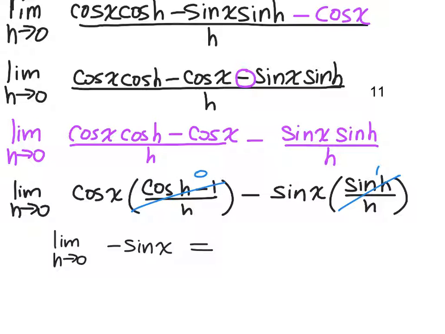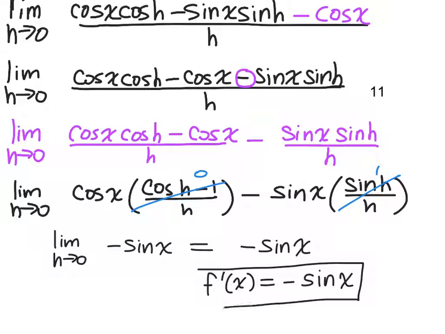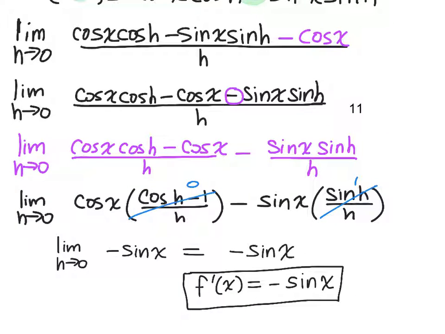There's nothing to substitute into anymore. Everything that involved an h canceled away. That's great. That means that the limit is equal to the negative sine of x. And so what we get from this is the impetus behind what I was saying before.